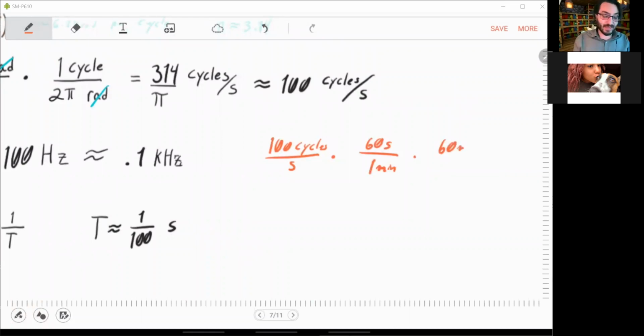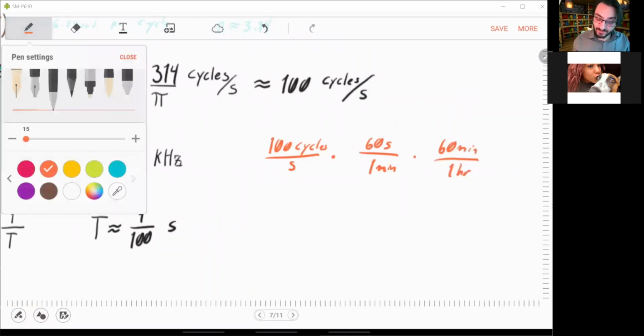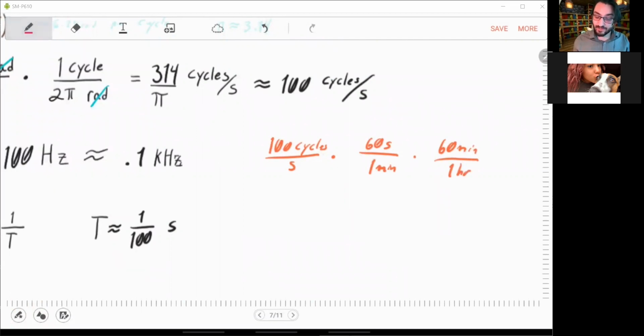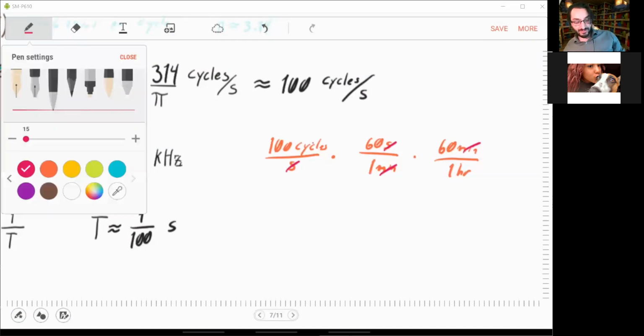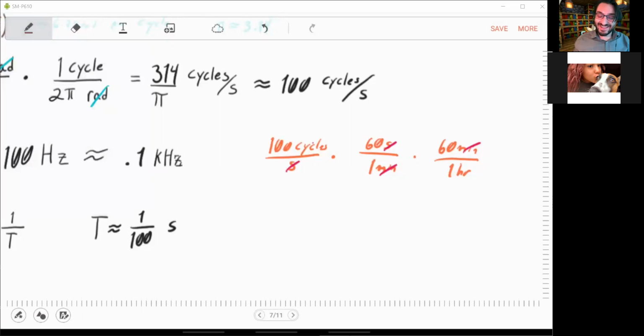And so you can see the same exact dimensional analysis, crossing out seconds, minutes. I'm going to have cycles per hour. And so 100 times 3,600. Is that right? I think I did that right. Confirm for me, everybody, that I multiplied that right. That should be 3,600 times 100, which is going to be 3,600,000.